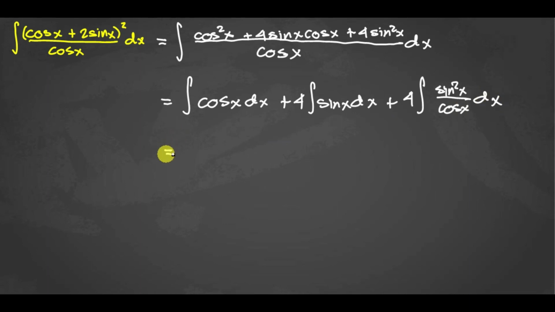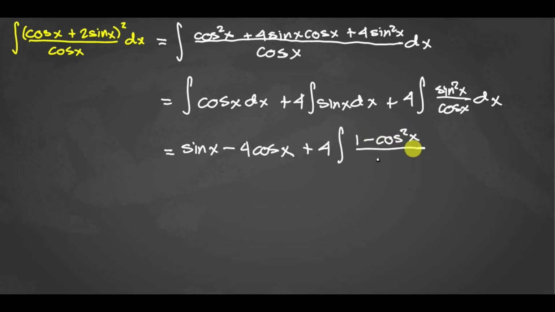Evaluating each integral, we have the integral of cos x is sin x, minus 4 cos x, plus we transform the sin²x to its equivalent trigonometric identity, in which this is also equal to 4 integral of (1 - cos²x) all over cos x dx.